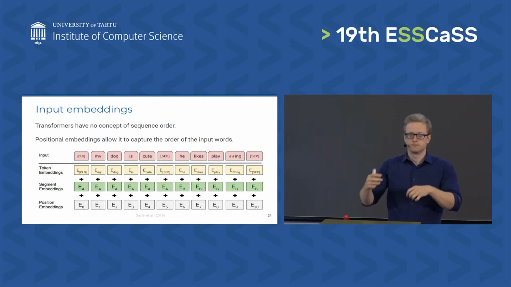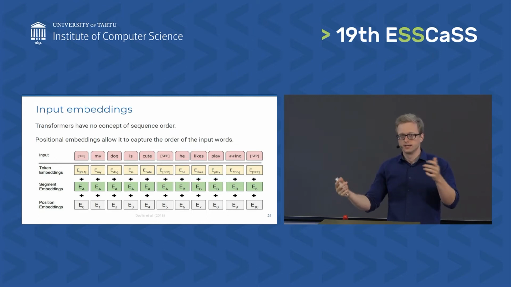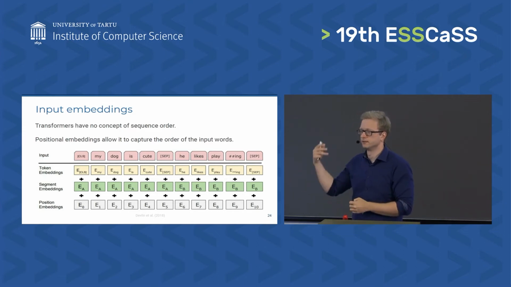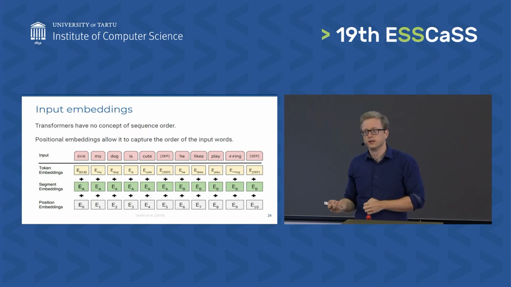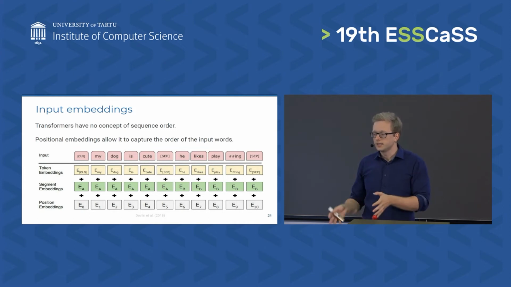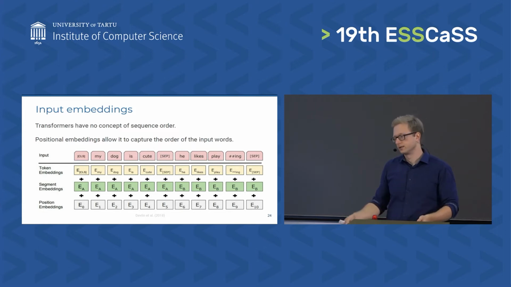So it doesn't matter if we give the model dog bites man or man bites dog, it would calculate exactly the same thing because it contains the same words. We need to somehow handle this, because in language, it does matter in which order the words appear. So we kind of do a hack in order to tell the model in which order the words appear, and we use position embeddings for that.